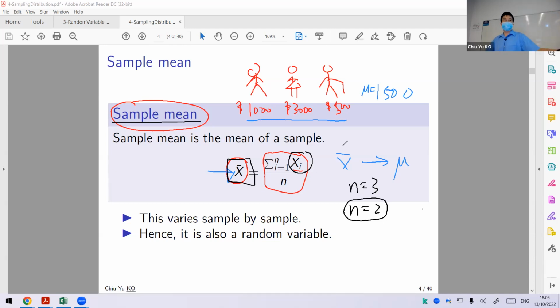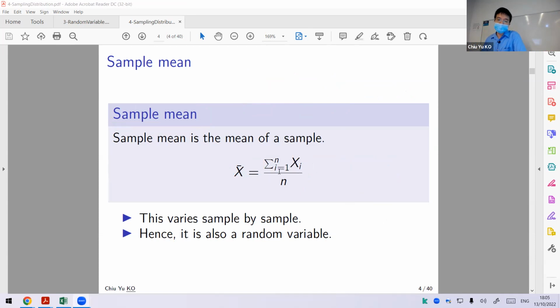Then you may conclude the average income is 3,000, which is obviously very wrong, but it happens when you do sampling. There's some error there. We'll give you an idea of how to estimate better. That will be more clear later, but that is the sample mean. We'll use it later, but that is the definition.